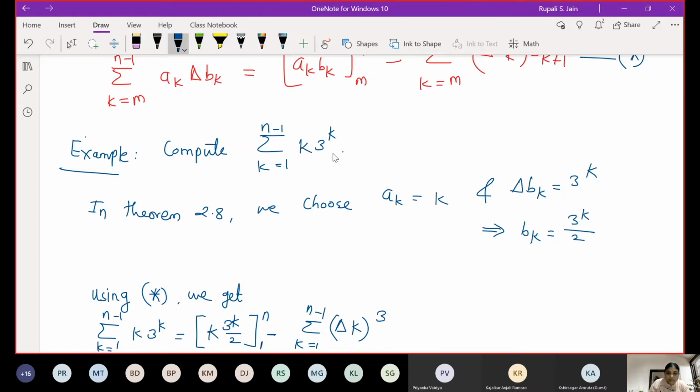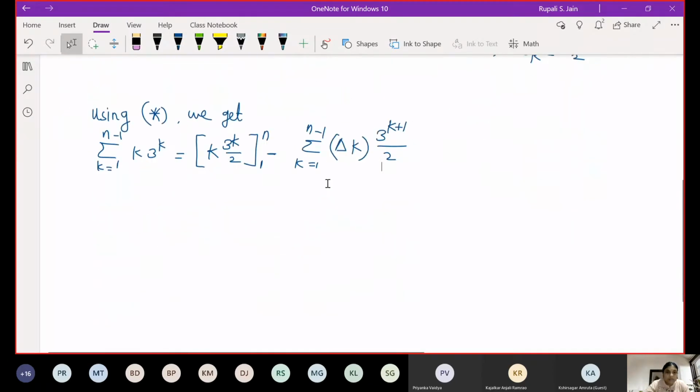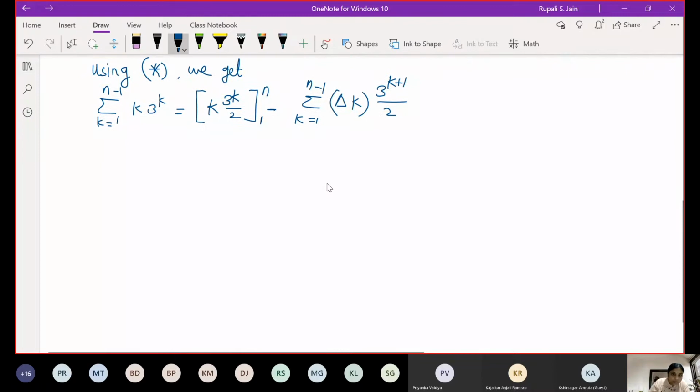What is bk plus 1? It is 3 raised to k plus 1 by 2. Is that okay? Yes, ma'am. So I will simplify this. What will this be now? n 3 raised to n by 2 minus 1 times 3 by 2. Upper limit and lower limit I have substituted.